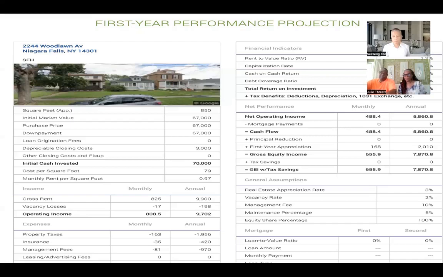And so a lot of people might be afraid to jump out and buy because of the interest rate or because they're not sure what the market's going to do. It doesn't matter about the interest rate, and it doesn't matter what the market is going to do, because the person that you have in that property paying the rent, they're paying for it.